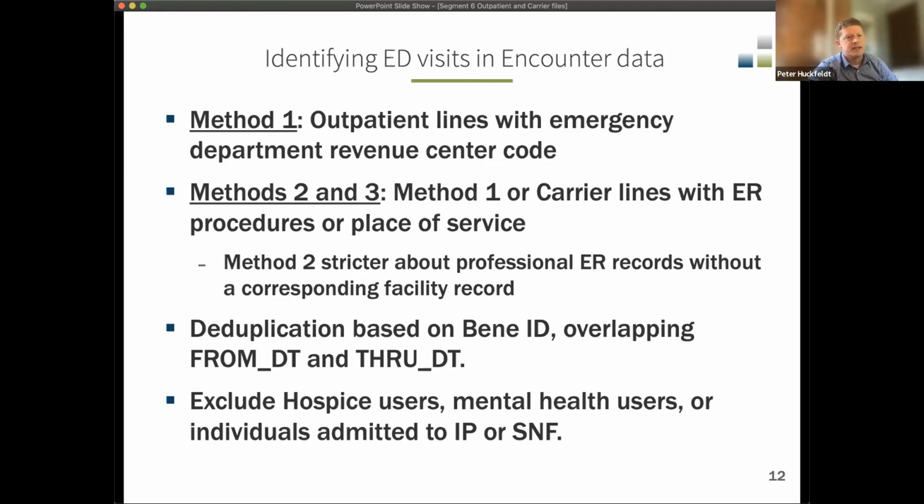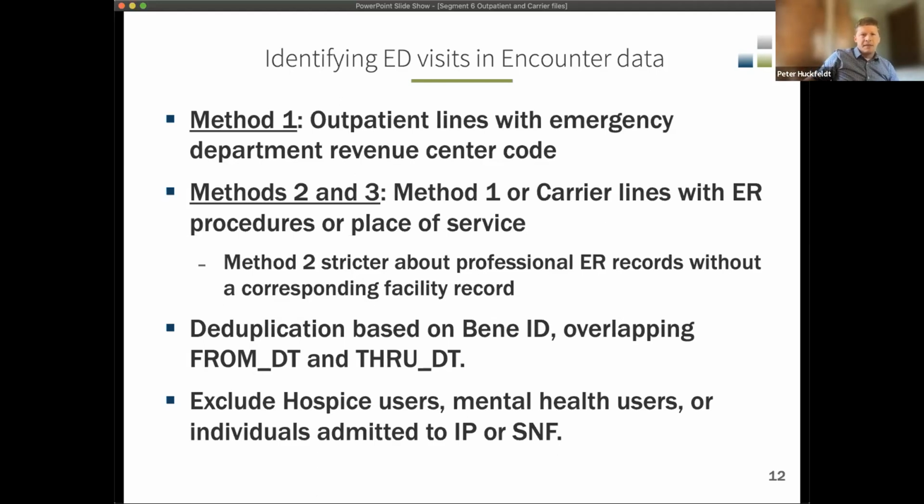There's not a separate payment to the emergency department, but that is not always the case for Medicare Advantage plans. So if you want ED visits that were not admitted to the inpatient ward, you need to actually find the inpatient claims and confirm that there wasn't an inpatient stay after the ED visit.